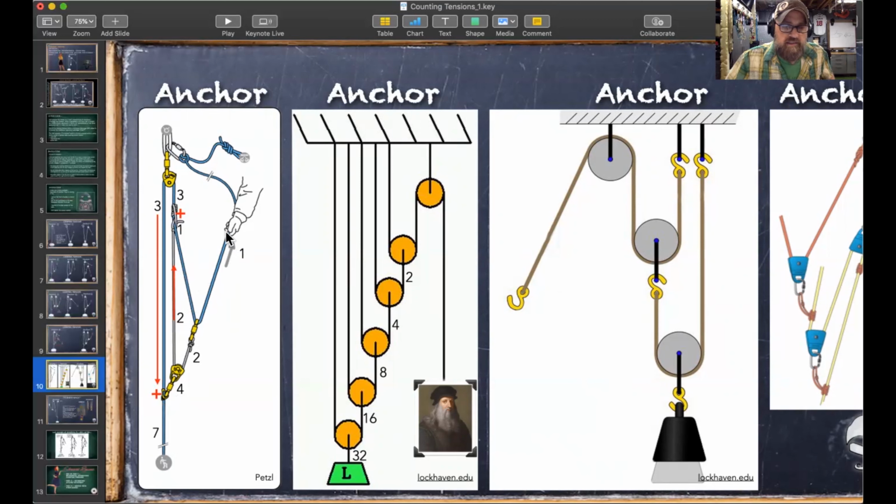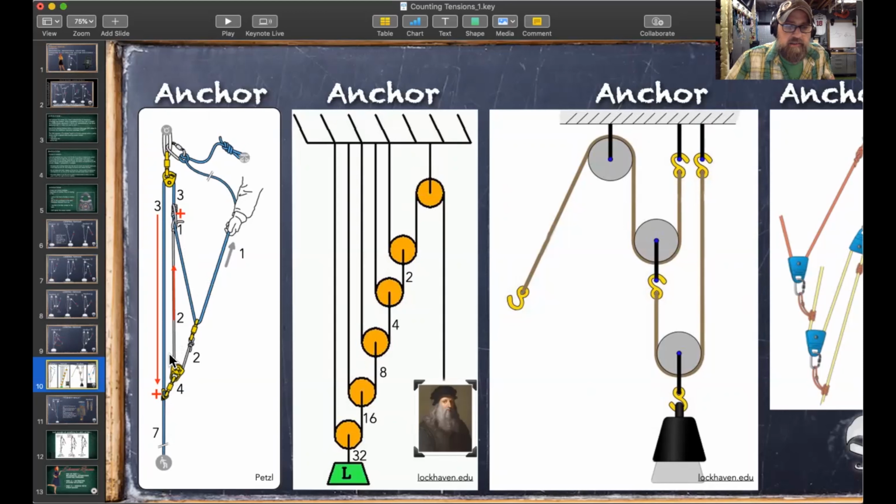So here we can obviously see where the haul line is. 1 comes in, 1 comes out. I have 2 sitting right here on this carabiner, which is knotted to probably a long prusik cord here, which is tied into a rope grab up here. So 1 comes in, 1 comes out, 1 terminates up here on that blue line, where the rope grab is. And I have 2 being hauled through this pulley. So if 2 comes in, 2 has to come out. 4 is sitting, in this case, on a T-block.